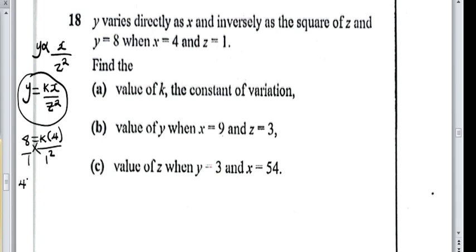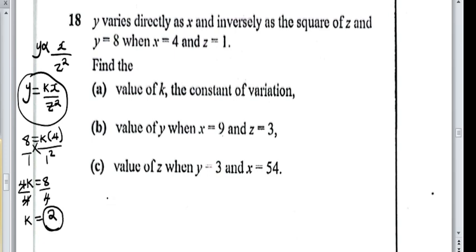That becomes 4k. 8 times 1 squared is 8, divide by 4, divide by 4, then k is equal to 2. So the value of k is 2.